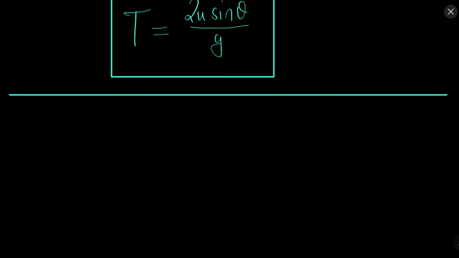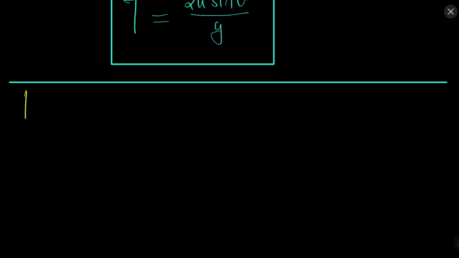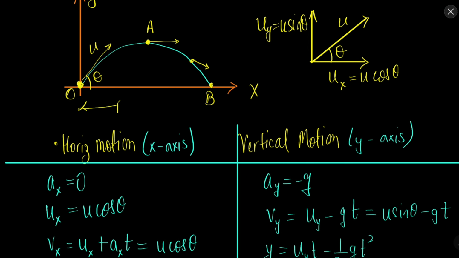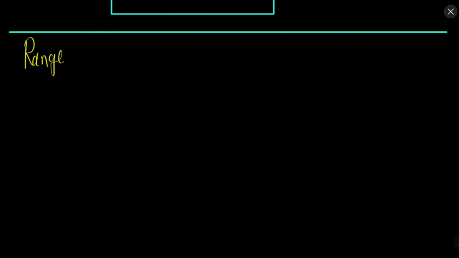Now the second formula is for range. Range is the horizontal distance. Okay, this horizontal distance is called the range. This will be called the height or the topmost height. So what will be the range? To find the range we want the x-axis because we are discussing horizontal motion.